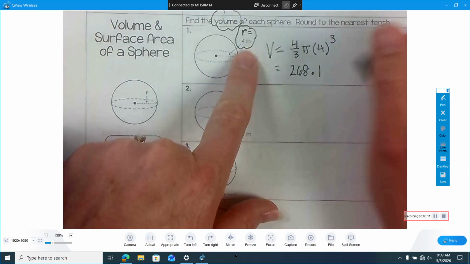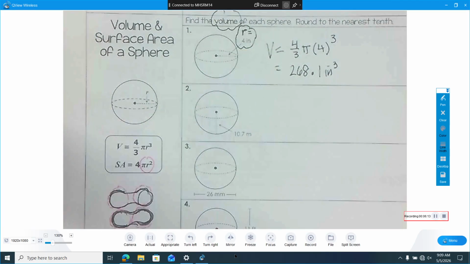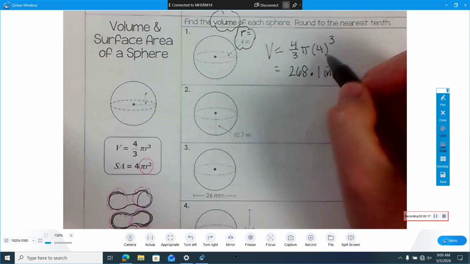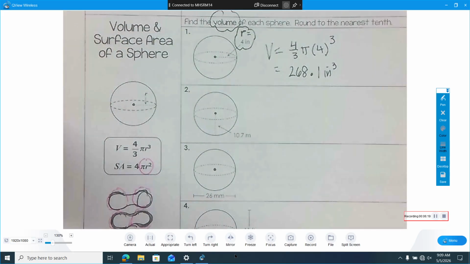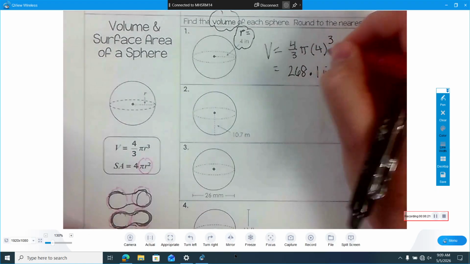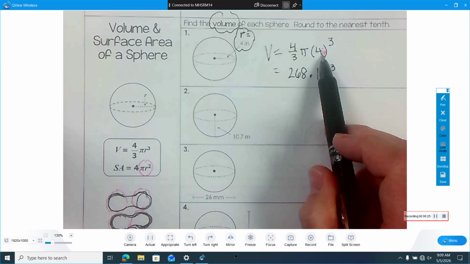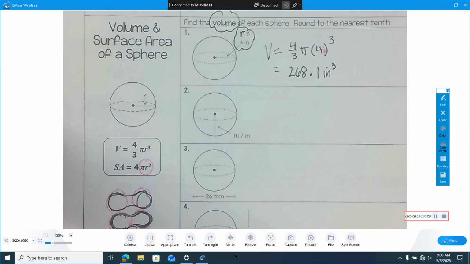We get 268.1. This is inches cubed because we're talking about volume. If we take inches times inches times inches, that is inches cubed. So we're cubing our inches.